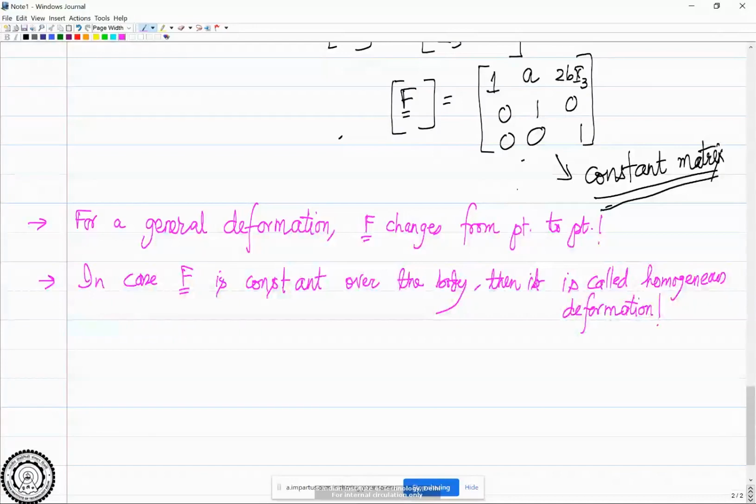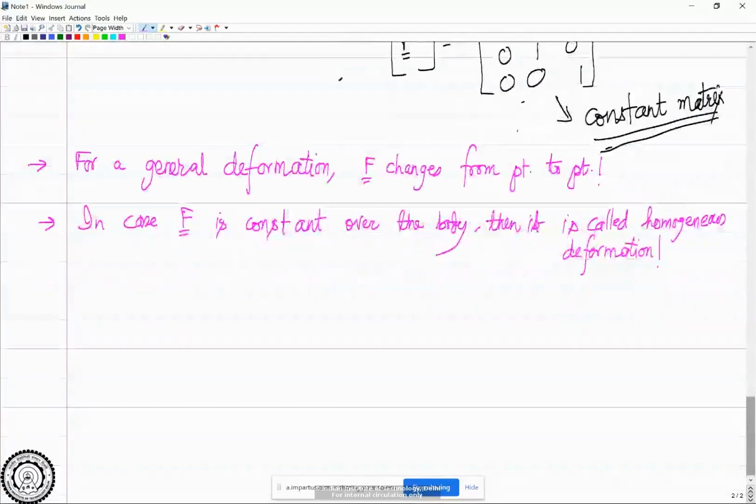Okay. All right. So this was about the importance of the deformation gradient tensor, which maps a line element from the reference to the deformed configuration, and accordingly it maps a neighborhood also.